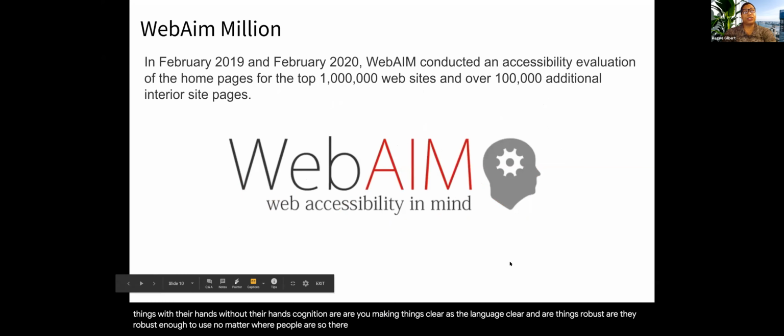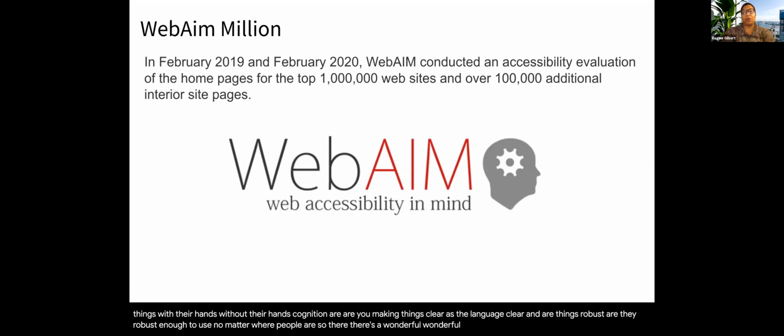So there's a wonderful website called webaim.org. And WebAIM is a really cool resource for digital accessibility. And in February 2019 and February 2020, WebAIM conducted an accessibility evaluation of homepages for the top 1 million websites and over 100,000 additional interior site pages.